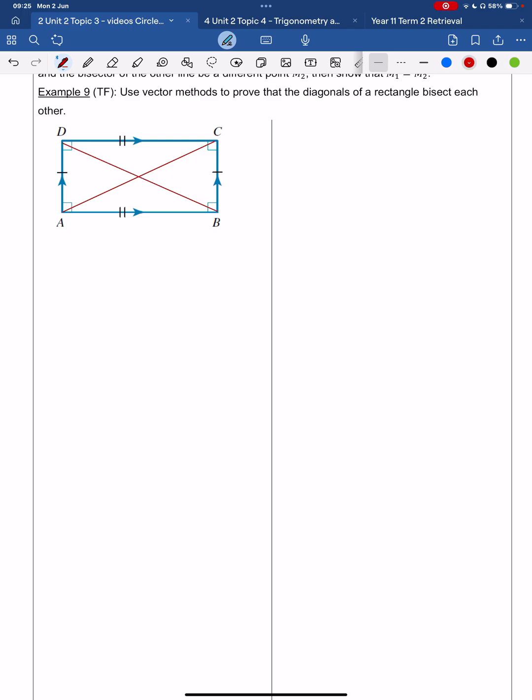One way I can do that is to assume that they're different points and then show that they're the same point.